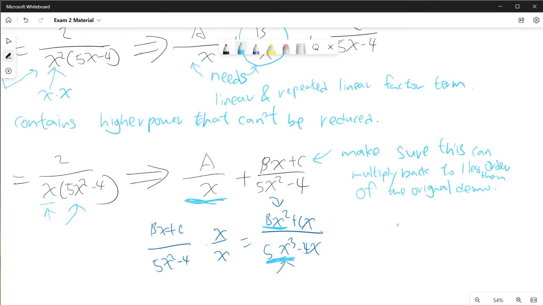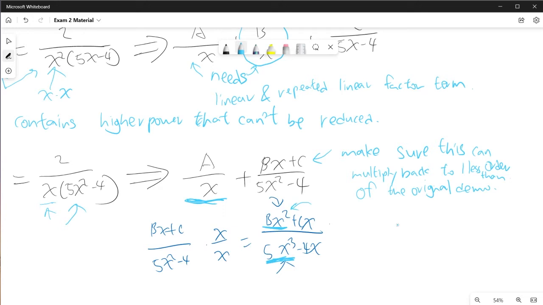And this has to do with the long division part I was talking about, where the numerator has to be lower order, at least by one, than the denominator.